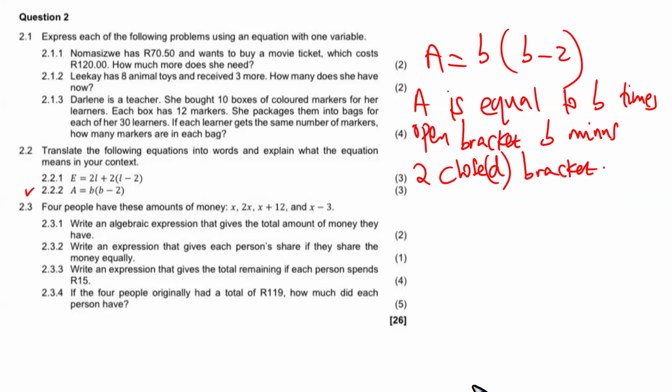If I say A is equal to B times, no one would know if there was a bracket. Remember, again, we also have 1 plus 2 times 3 without brackets. Yes, that is true.